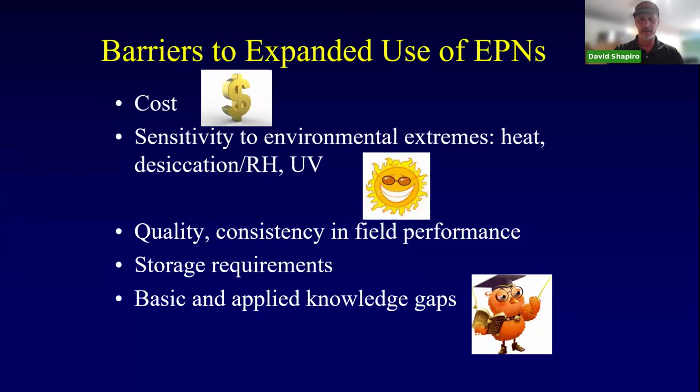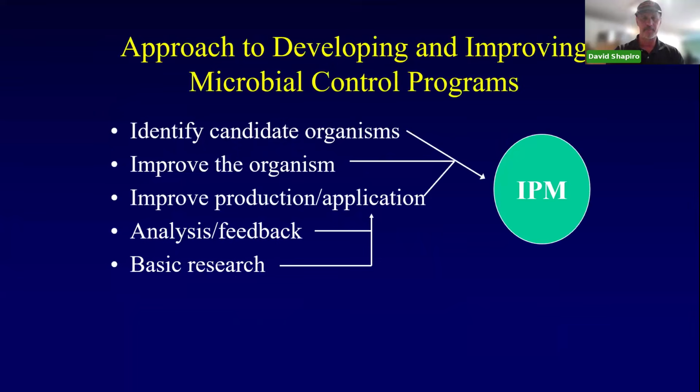And the storage requirements, as mentioned by Stefan, can also be a barrier, having to keep the nematodes in cold storage makes it difficult for distributors to keep the nematodes and for farmers sometimes to keep and apply them. Then we have some basic gaps in knowledge of the nematodes, which we need to fill in order to better understand the nematodes and use them better in biocontrol.